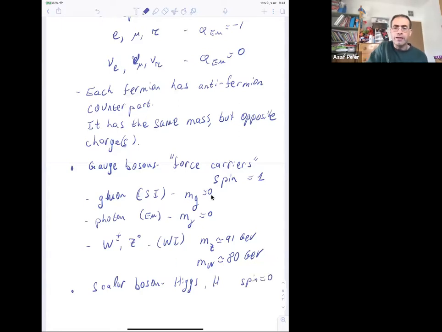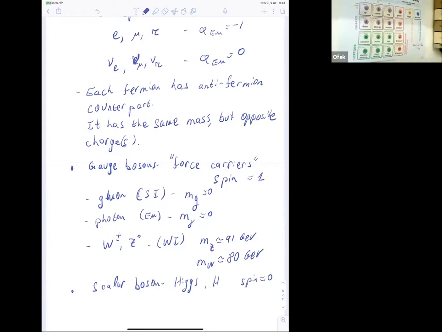Now, if you go to Wikipedia, which I did, you find a very nice, very colorful table. Just to show you how it looks like. You see? I've got it here on my wall.